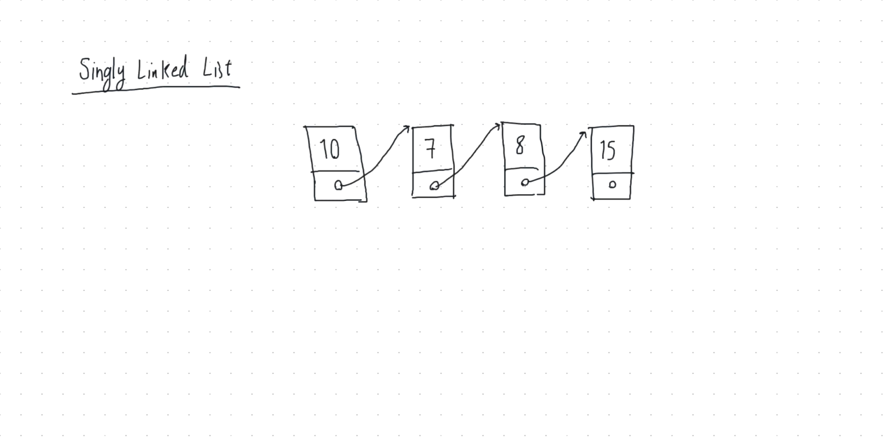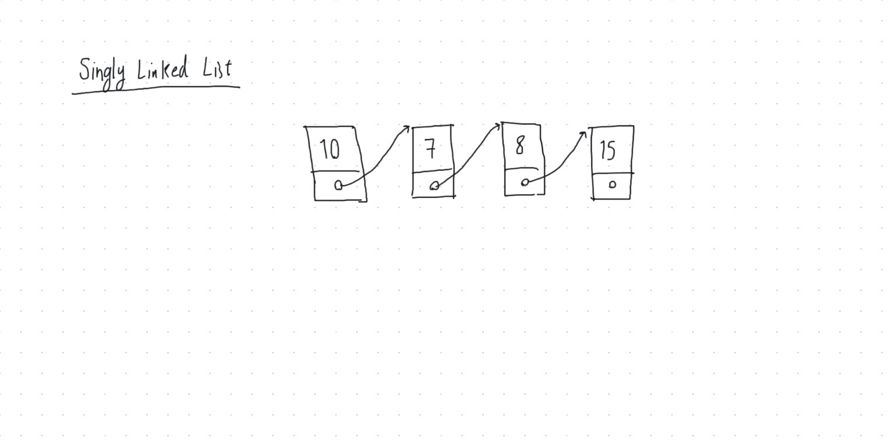Now, the idea is that if you can find the first node, then from the first node, you look at this pointer that is stored in this object, and with that address, you can find out where in the memory the next node is stored, and then from there you can find out where the next next node is stored in memory, and so on. Okay.